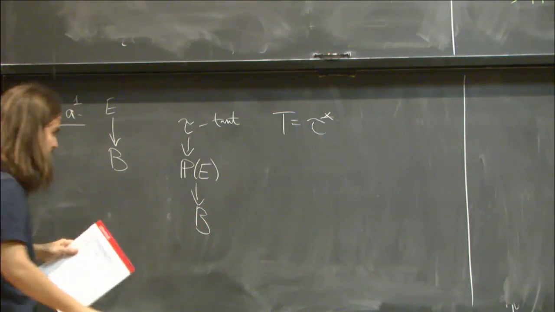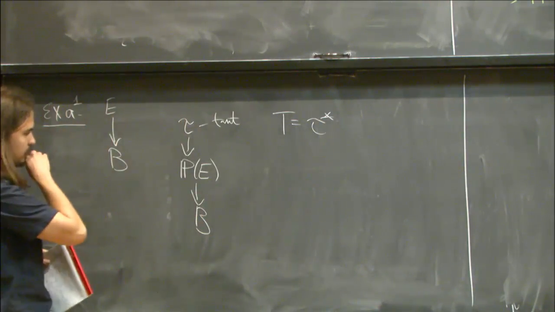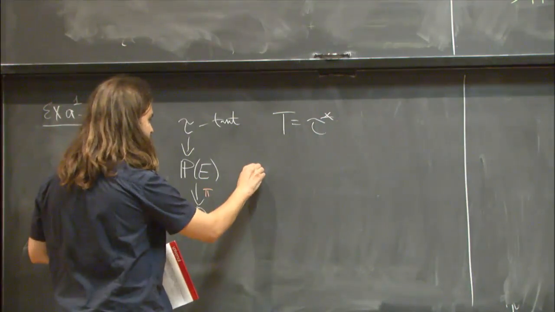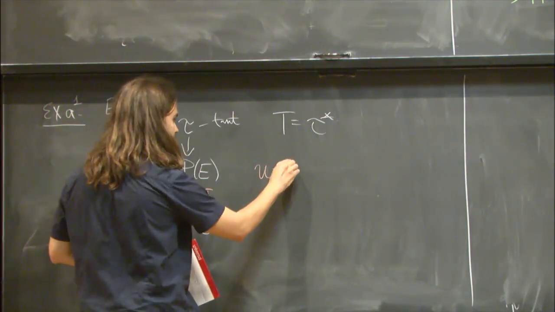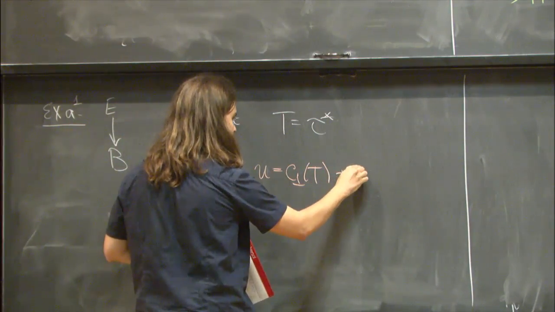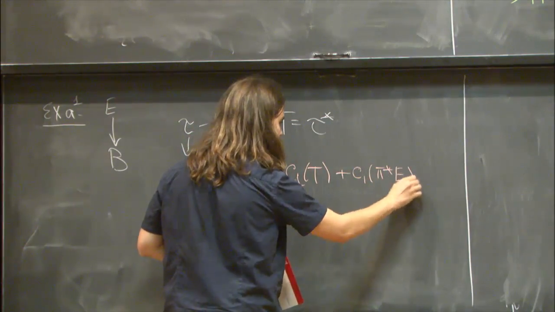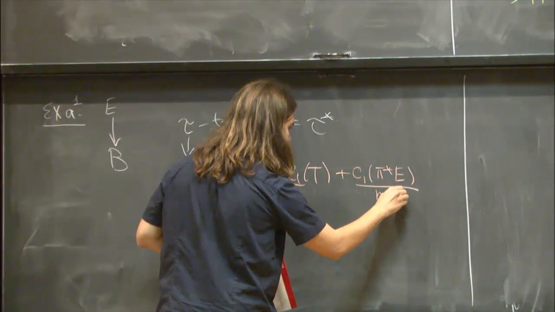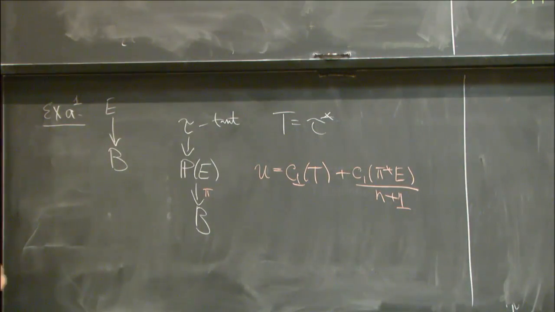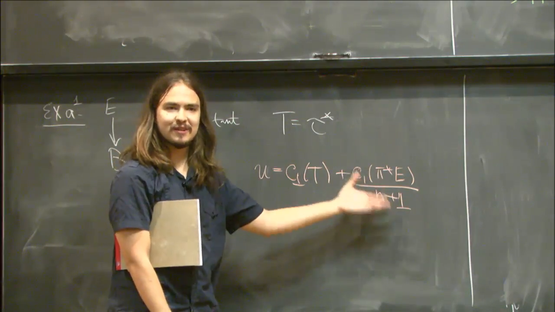And I claim that in this case, let me call this pi, U will be C1 of this T plus C1 of pi star E divided by n plus 1. So you see it's clear that this is not an integral class, divided by something.